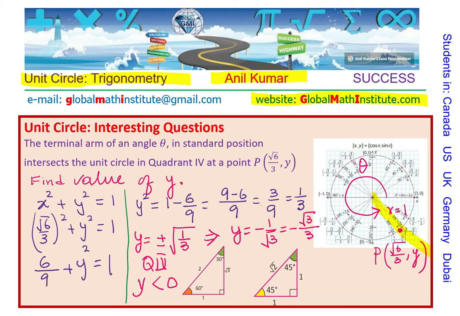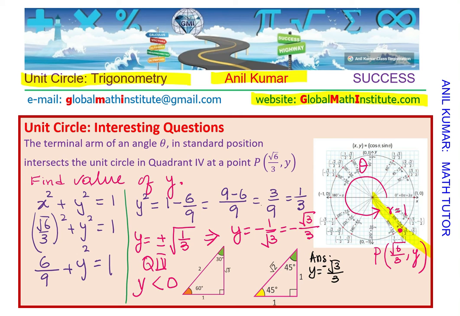So I hope you have understood the concept, right? So we can write down our answer, which is that the y value is minus square root 3 over 3, with a negative sign because you are in quadrant 4. Makes sense, right? Okay, perfect. So that becomes the answer for this question.